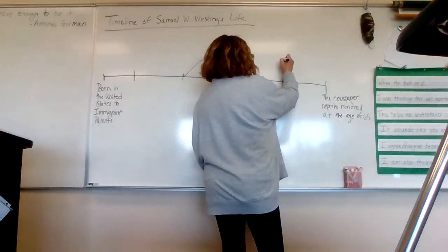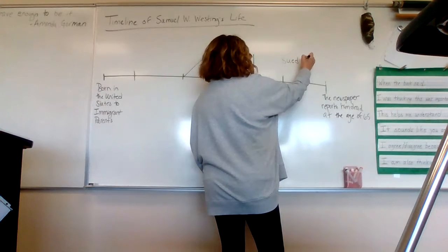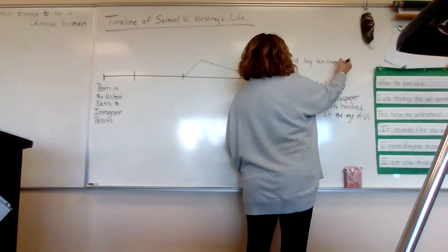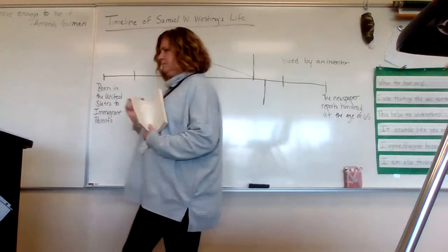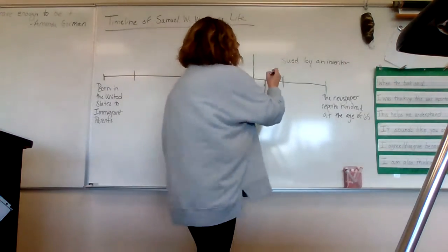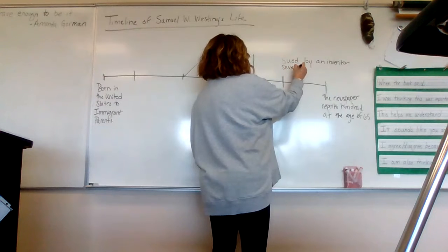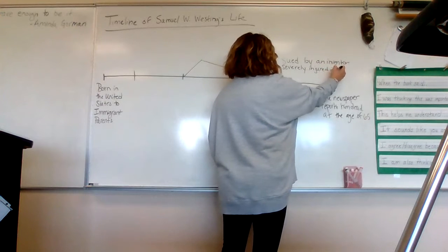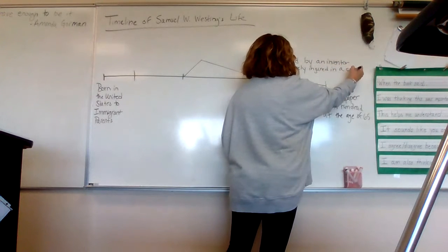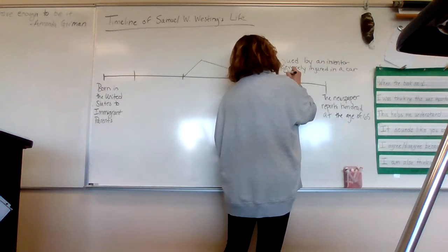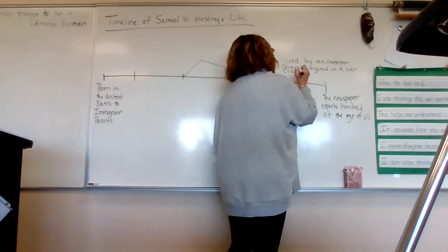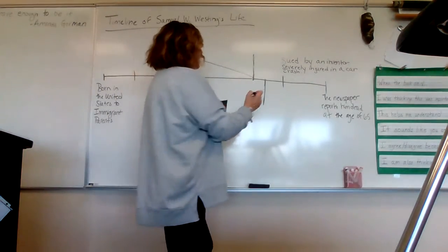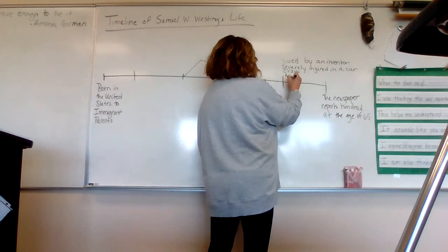So on your timeline, you should write down that he was sued by an inventor, that he was severely injured in a car crash, and probably most importantly, that he mysteriously disappeared.